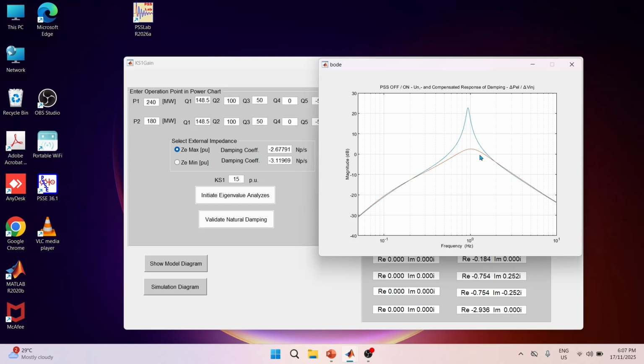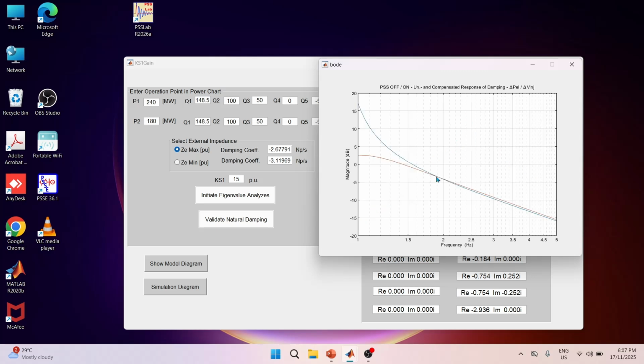Similar observation can be shown for the frequencies for the range beyond local area oscillations, where the point of intersection is 1.89 Hz. We can improve this with further tuning of lead lag blocks and by further increasing of the gain KS1.